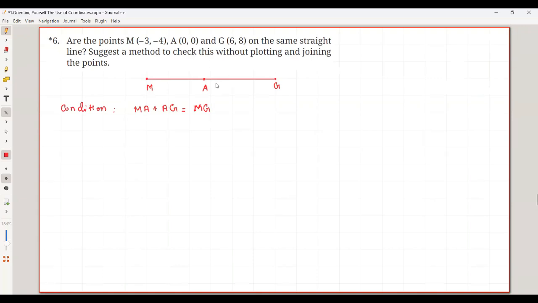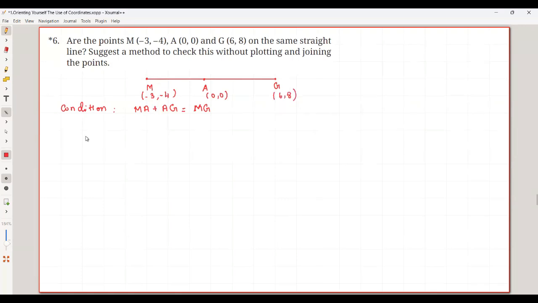Now you are going to apply the distance formula. First, you can find the distance of MA. M is given as -3, -4, A is given as 0, 0, and G is given as 6, 8.